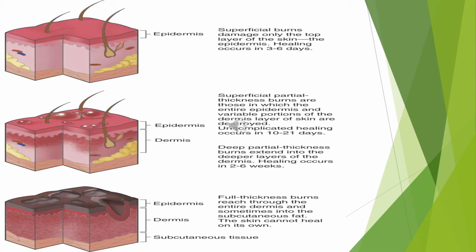And then full thickness burns going all the way through the subcutaneous tissue cannot heal on their own, so you need to be aware of that. Also look at the difference in the way the pictures look. The first one is just nice and red. The second one has redness with blisters. The third one is black and now has some indentations in the tissue itself.